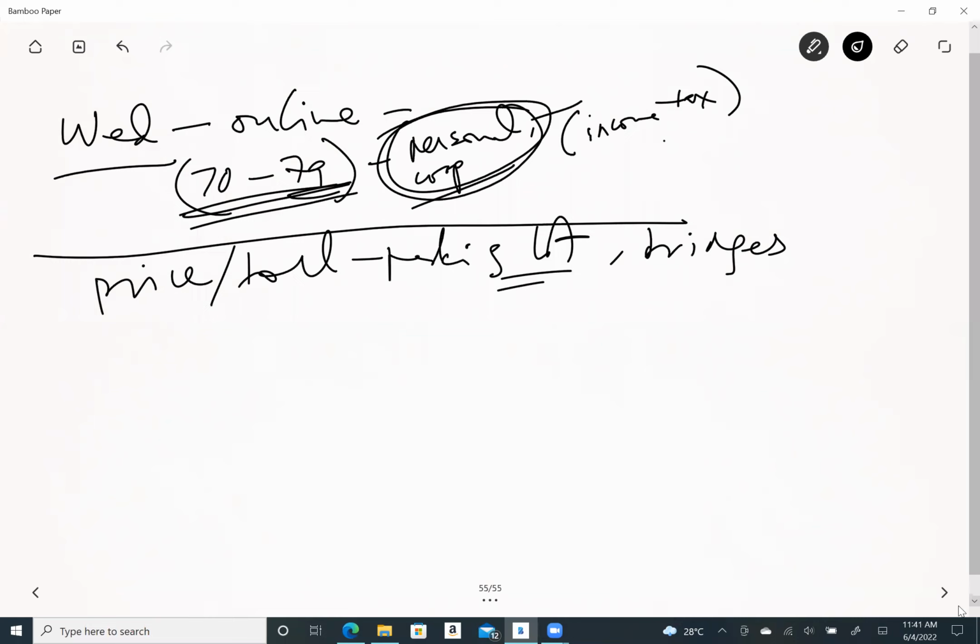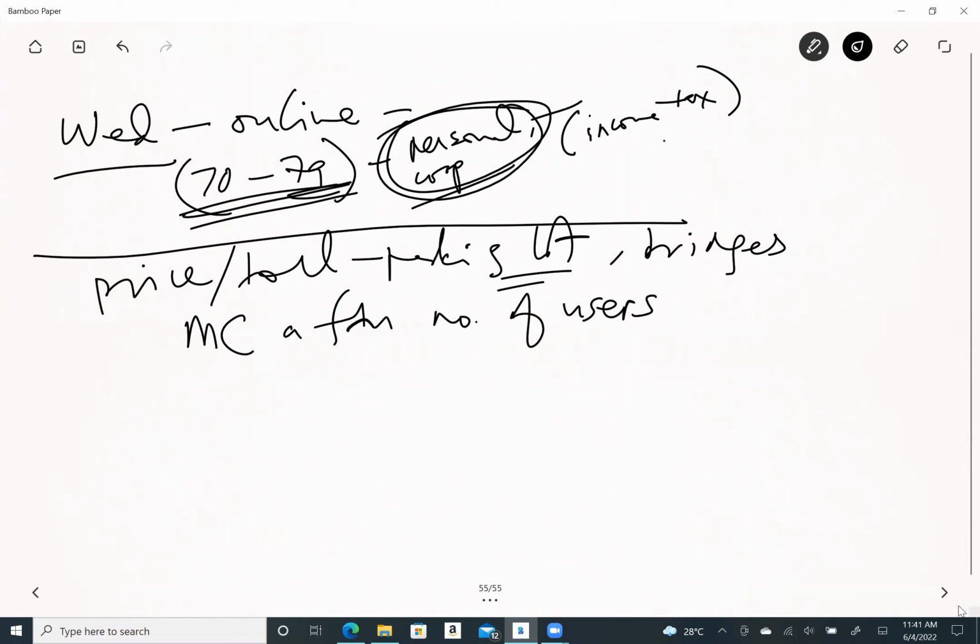Now, the first thing that you need to understand is the concept of marginal cost as a function of the number of users. What we have done so far, marginal cost was a function of output level.